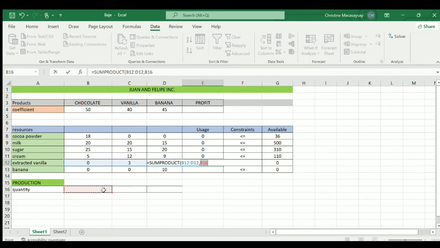Repeat the process from cocoa powder to banana.